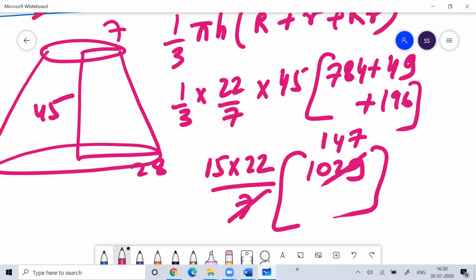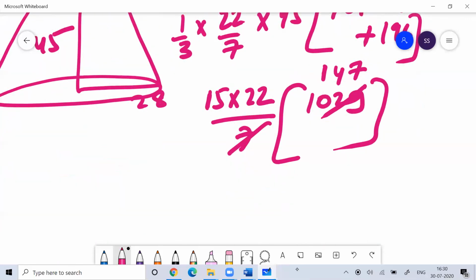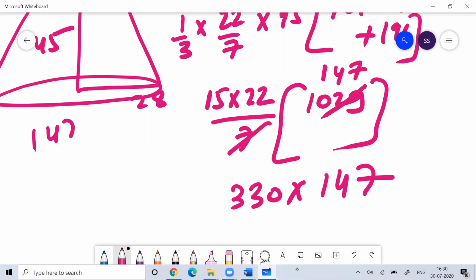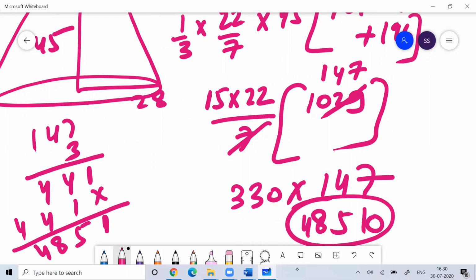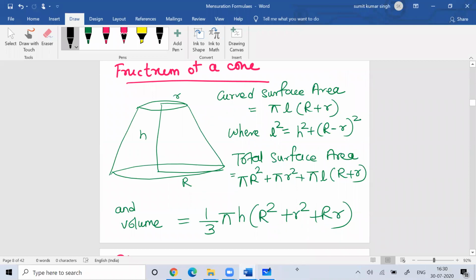This is 15 into 22 into 147. 15 into 22 is 330 into 147. So 7 threes are 21, 2 carry, and so on. So this is 48510. This is the volume. 48510.